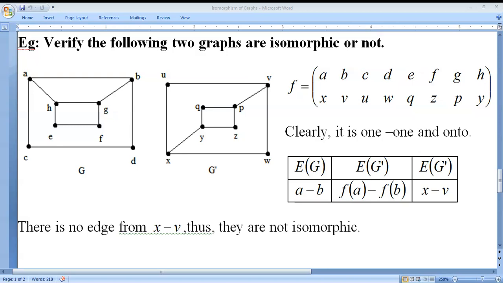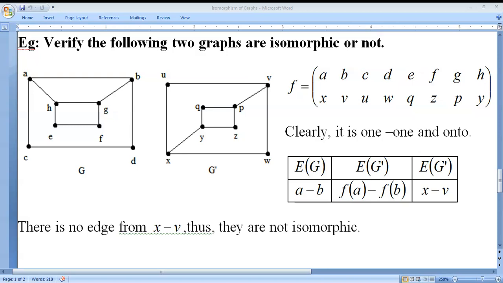So there is another choice also. If you have taken V instead of X, V also has three edges: one is VU, the other one is VP, the other one is VW.